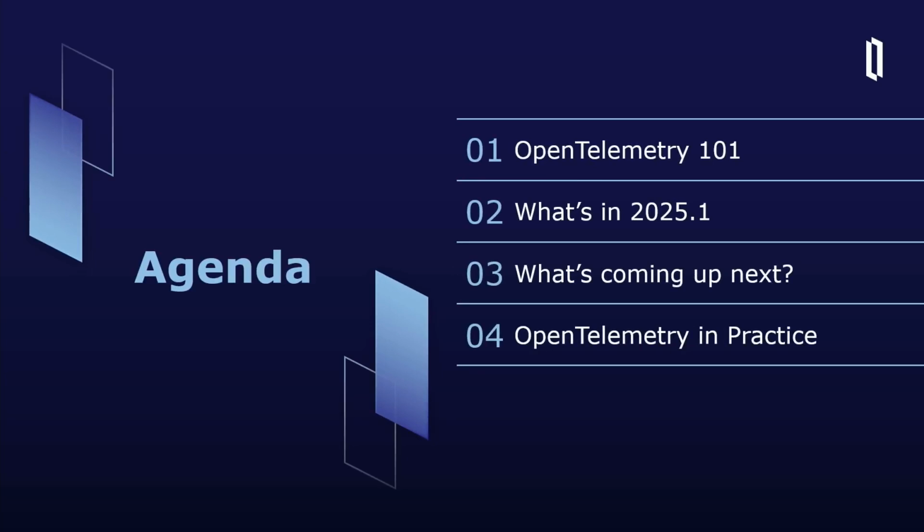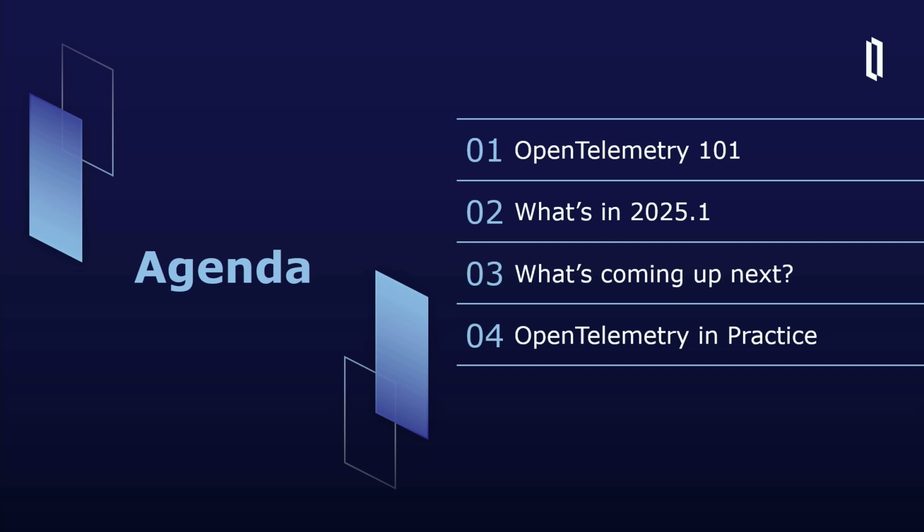Our agenda here is I'm going to give a little bit of an introduction to OpenTelemetry. I'm assuming that a lot of people here probably have some degree of familiarity, but also that maybe a lot of people are new to this. So I'll cover what it is, how it came to be, what problems it solves for you in your data center, and why you might want to be using it. We're going to talk about what's available right now in IRIS 2025.1.